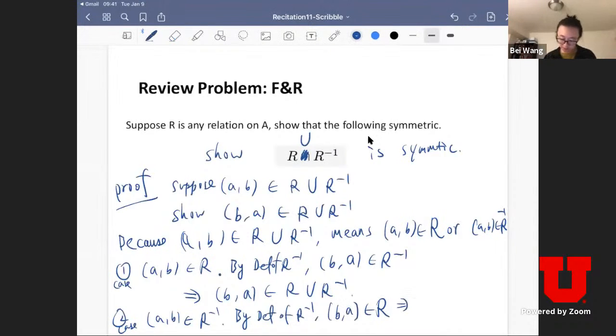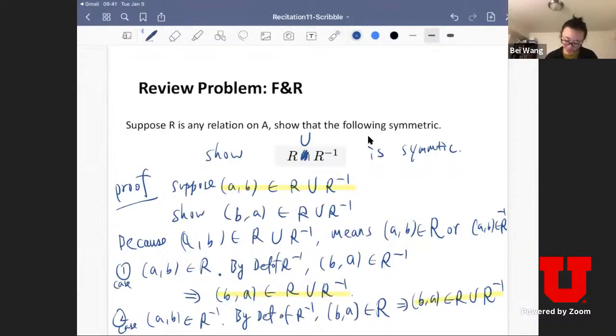And this implies BA is in R union R inverse. Okay. So now I start with assuming AB is in there, and I showed for both cases, BA is also in there. That means it's symmetric. So that is the end of the proof.